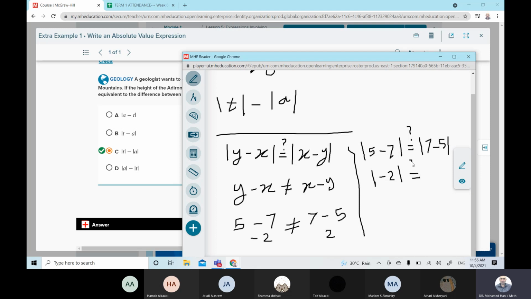Is it equal to 7 minus 5, which is 2? As you remember, the absolute value of a negative number means take the opposite of this number. The opposite of minus 2 is 2. And the absolute value of a positive number means the same number. Is 2 equal to 2? Yes. So the absolute value of Y minus X equals the absolute value of X minus Y.